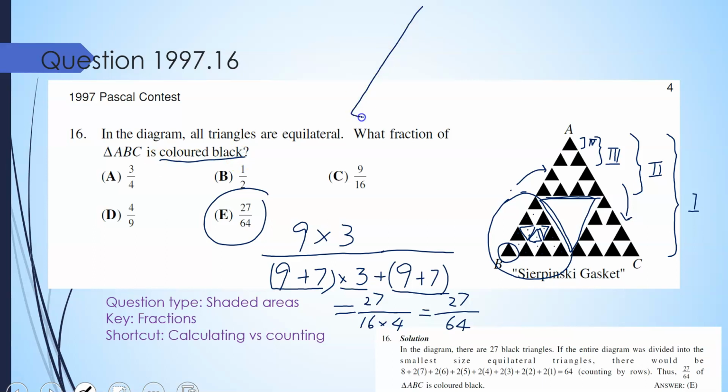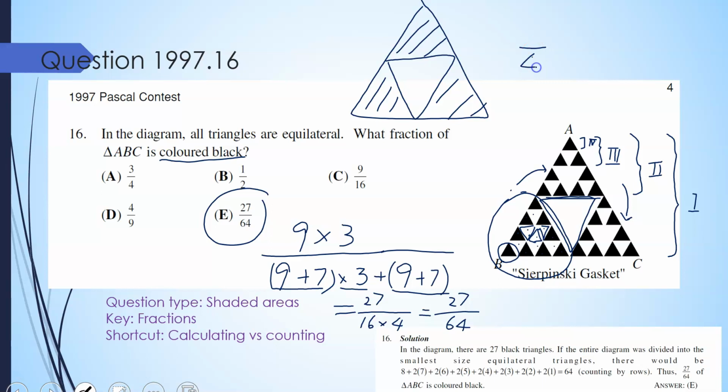So in the big triangle 1, we can divide it into 4 equal-sized equilateral triangles. So let's assume the top ones are shaded. The middle one is white. So what is the area of shaded or colored black?